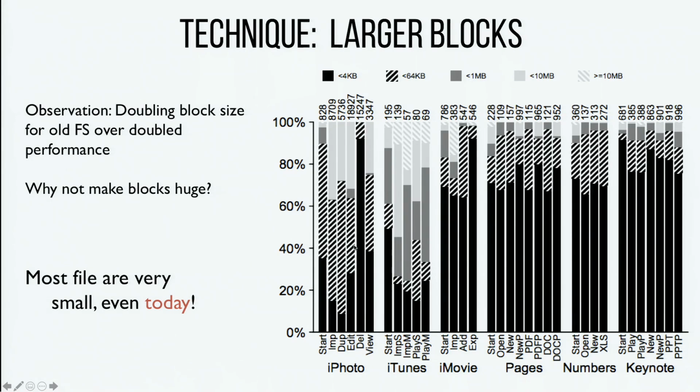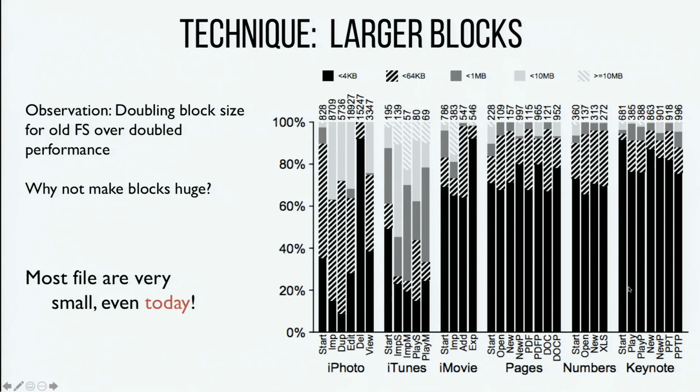So what this graph is showing is the fact that most files in your file system images are very small, so that's an important case to consider. This is a study that some grad students in our research group did a couple of years ago. These are modern measurements of a bunch of Apple workloads where we ran a bunch of different applications and made up these different synthetic workloads.